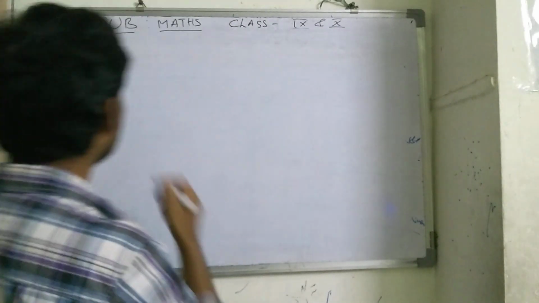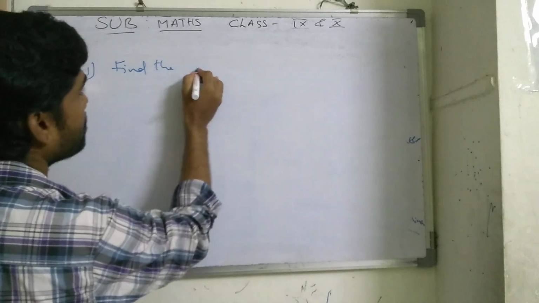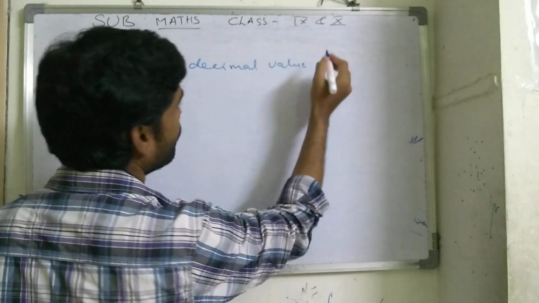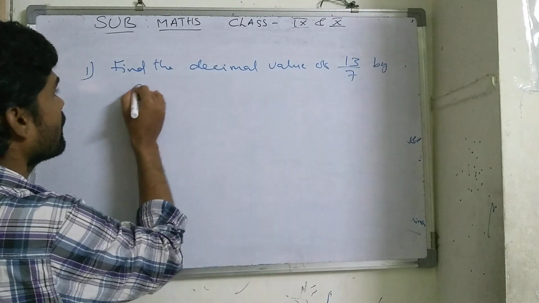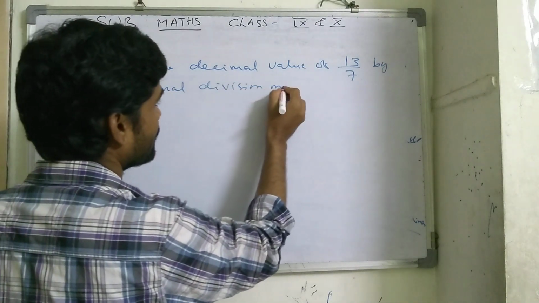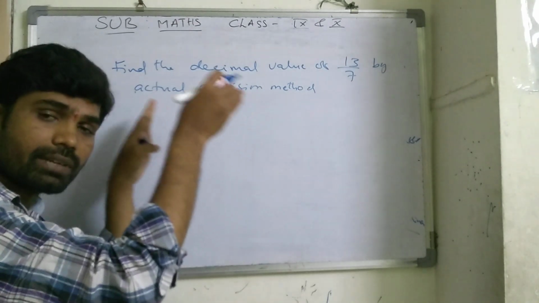So please find the decimal value of 13 by 7 by the actual division method. It should be done by the actual division method, which we did first.